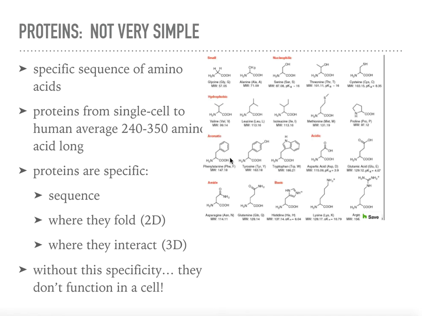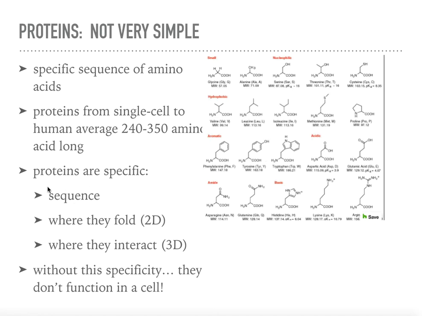They are very specific, not only in the sequence, as these are all very unique, different types of amino acids. So these 240 amino acids are in a very precise sequence.